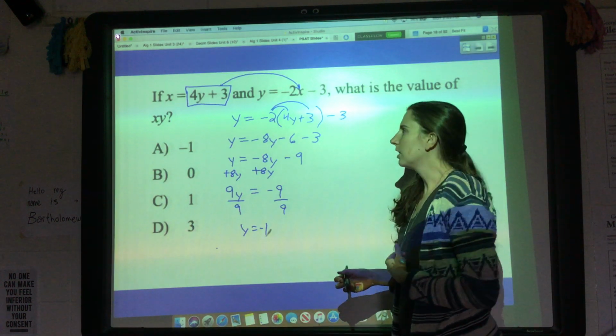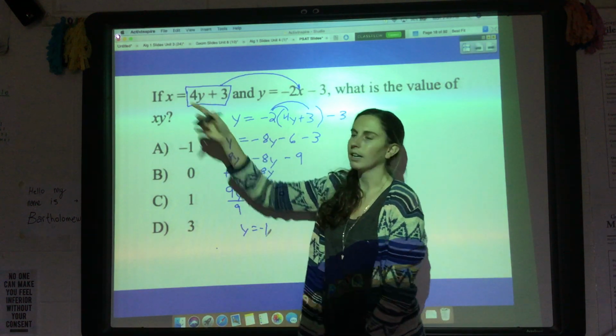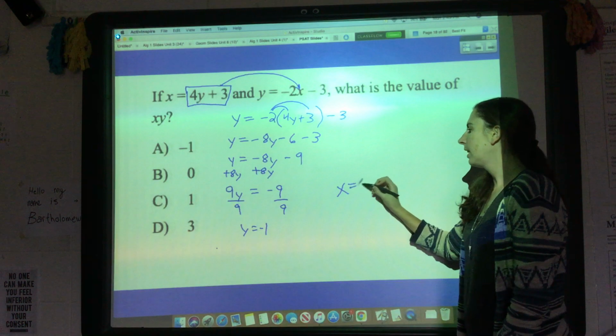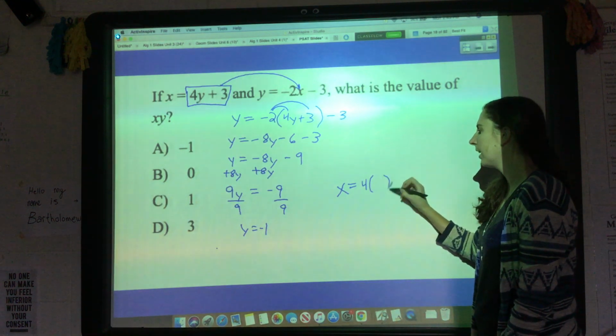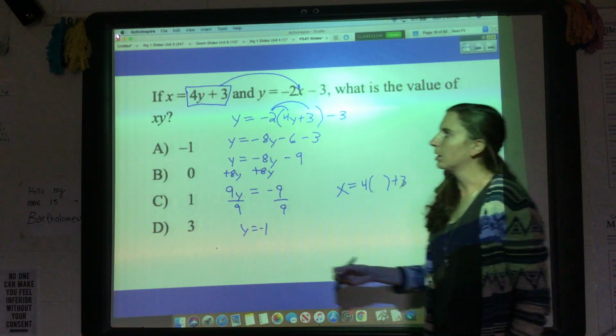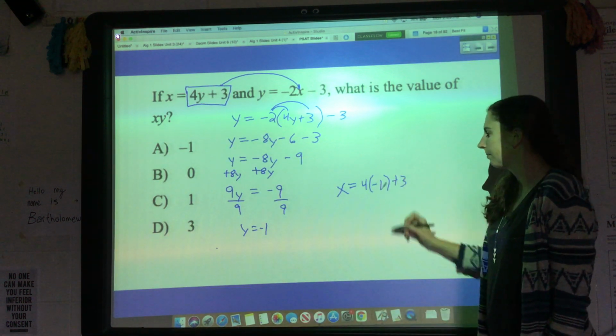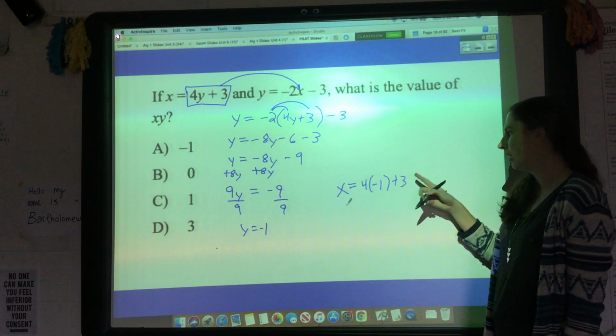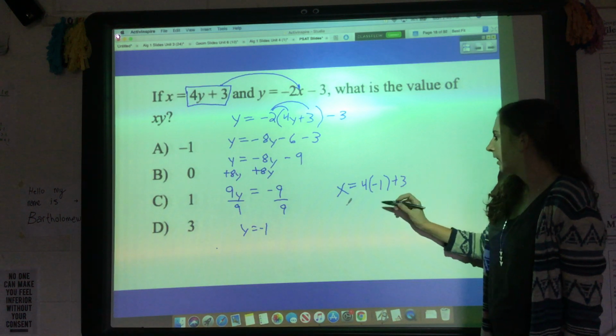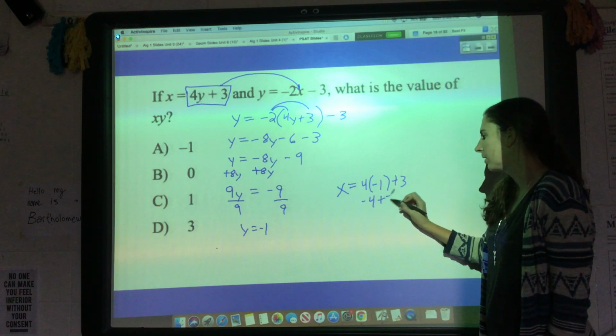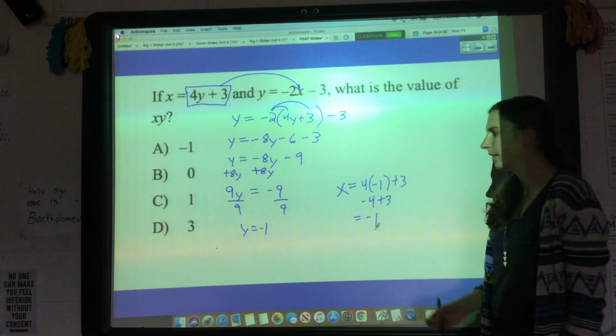Find x, easiest way is probably to use this right here, because I know x equals 4y plus 3, but instead of y, take it out, put in negative 1. So negative 4 plus 3, which is negative 1.